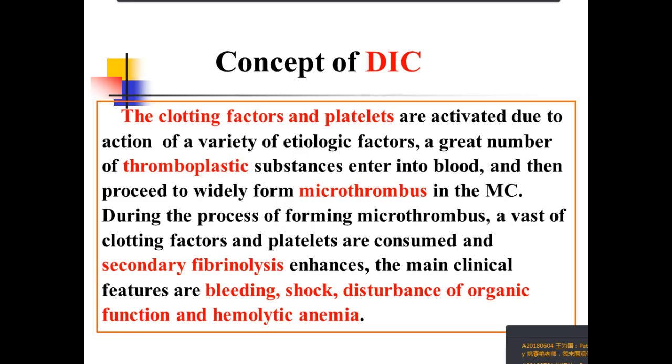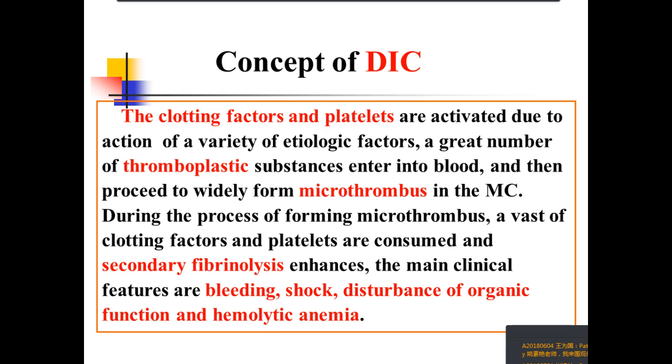So from the definition of DIC, we know that during DIC there is an imbalance of coagulation and anticoagulation. Not only increase, not only decrease. It refers to the imbalance of coagulation and anticoagulation. First, coagulation function increases and microthrombus forms.